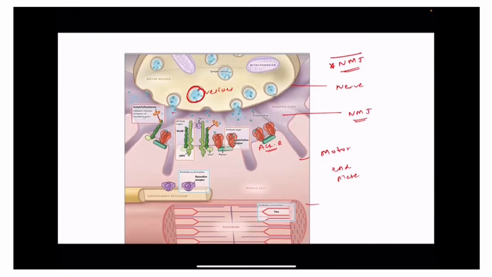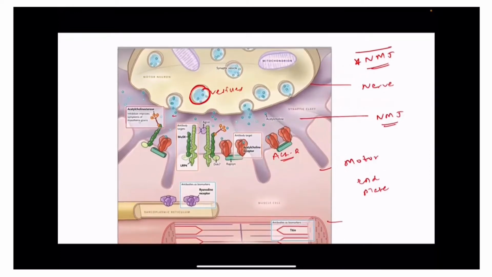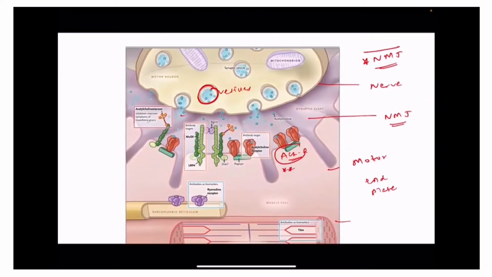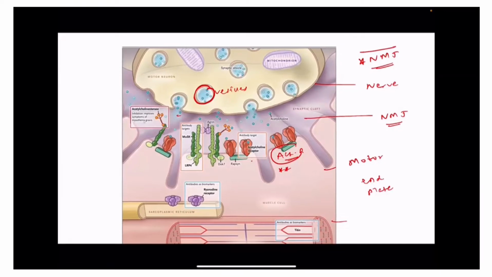What happens typically in myasthenia gravis, just see at the microscopic level, is that antibodies get formed against these acetylcholine receptors. In most cases of myasthenia gravis, antibodies get formed against the acetylcholine receptors, which are there on the muscle end plate.